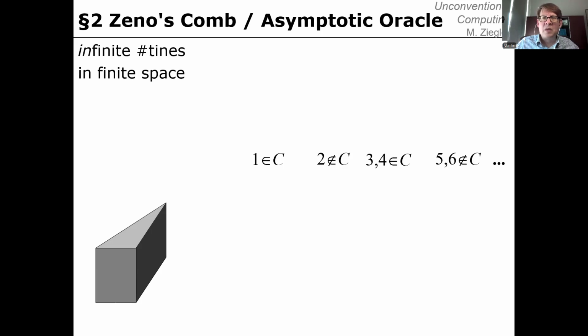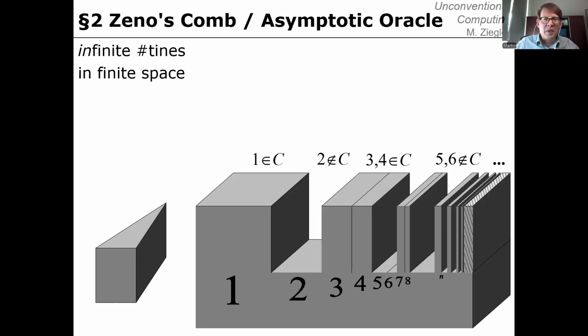So here you see an example. I tried to draw it on my computer, one example of Zeno's comb. And you see that in Zeno's comb, the tines, the teeth, become thinner and thinner. The first are still pretty thick, but the next ones become thinner and thinner, and they become thinner so fast that infinitely many teeth fit into the finite length of Zeno's comb.